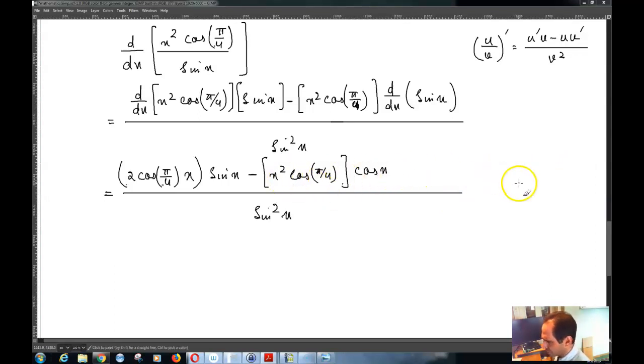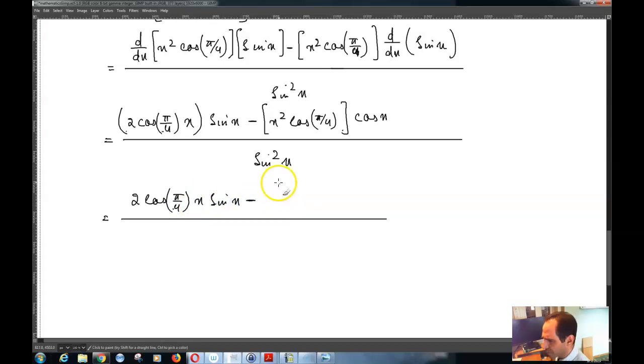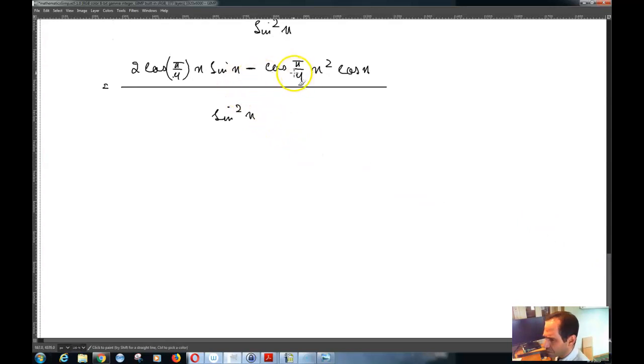Of course, it seems that you can simplify this, meaning that you can write this as 2 times cos of pi by 4 times x times sine x, minus cos of pi by 4 times x squared times cos x, over sine squared x.